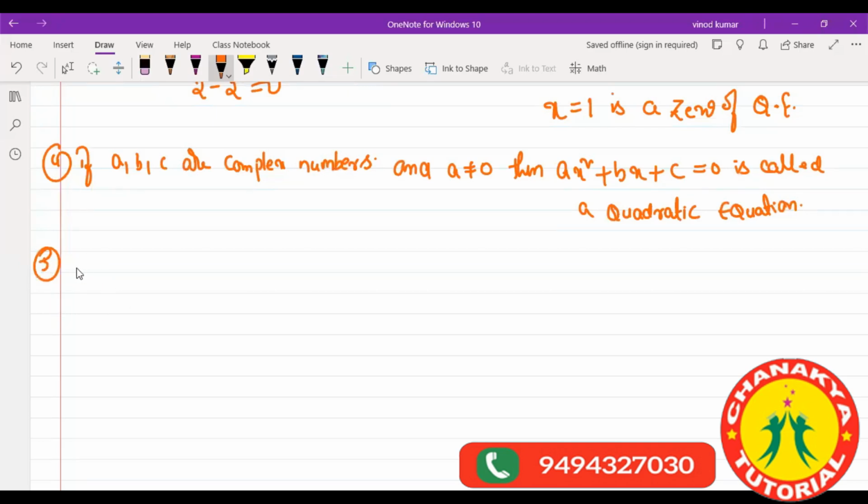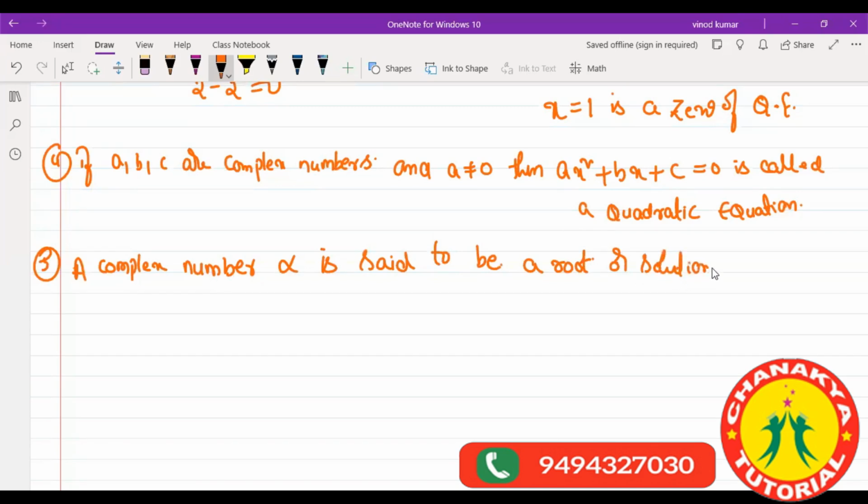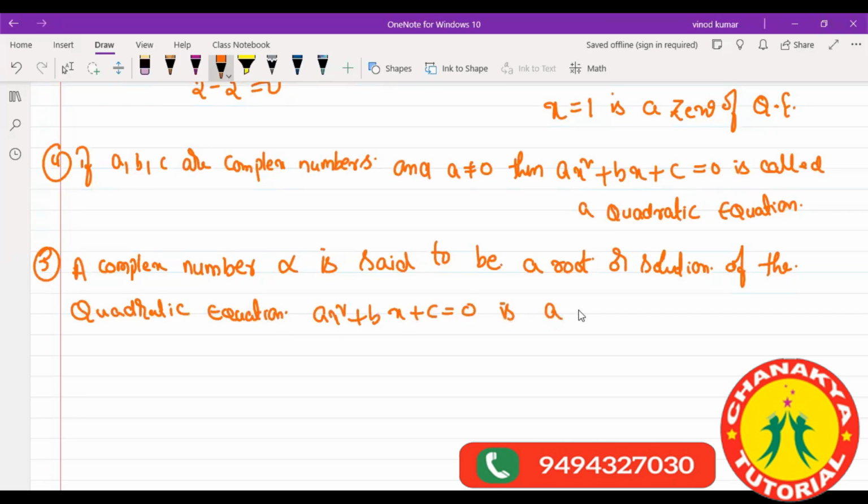A complex number alpha is said to be a root or solution of the quadratic equation ax square plus bx plus c equal to 0 if a alpha square plus b alpha plus c equal to 0.